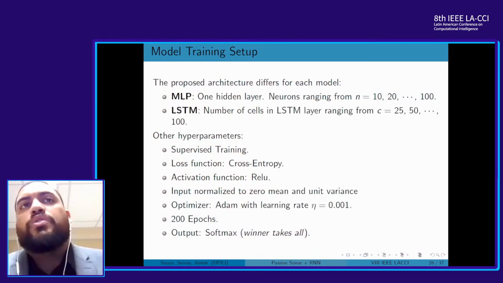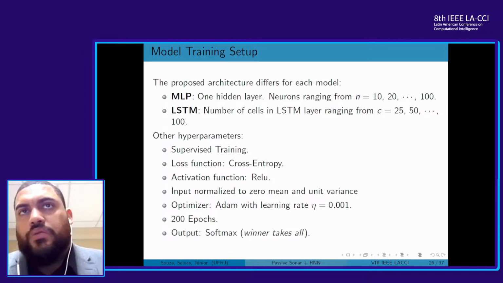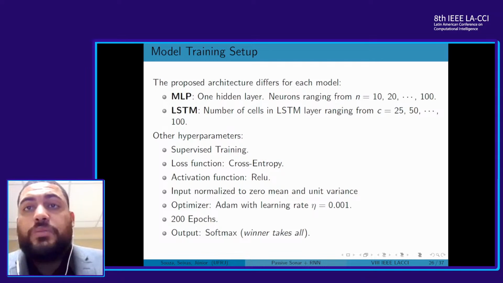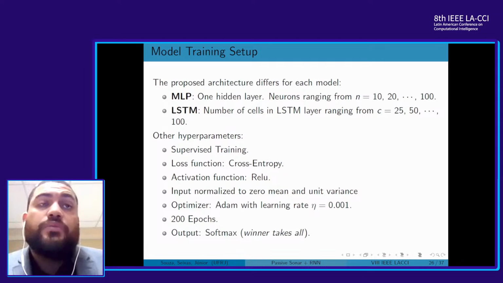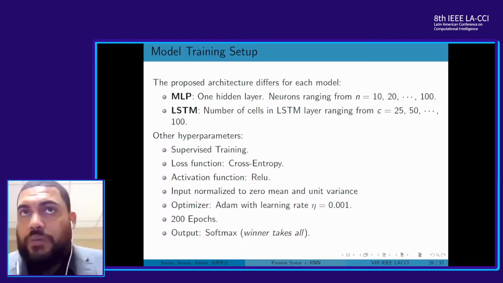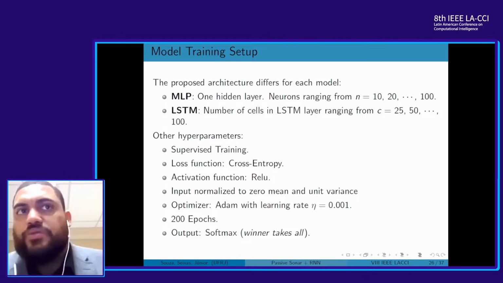Okay, so this is the training setup that we used. For the MLP, we use one hidden layer, with neurons ranging from 10 to 100. That is okay because we didn't have a lot of events to estimate the hyperparameters of these models. And for the LSTM, we use the number of cells from 25 to 100. We use supervised training.